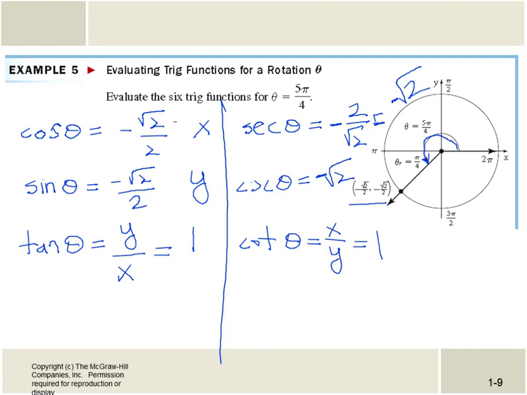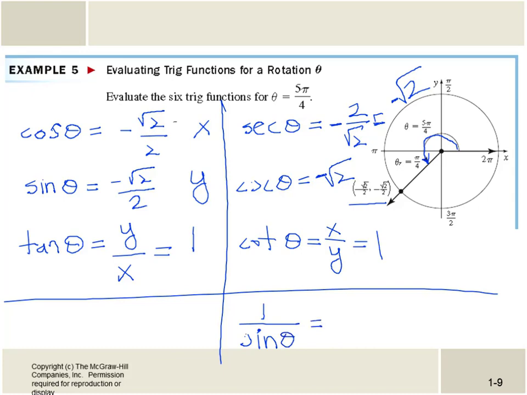You lost me with cosecant. The cosecant, okay, so the cosecant is equal to 1 over the sine, right? Right. Okay, so that's 1 over minus the square root of 2 over 2, which really just is the reciprocal, so this is minus 2 over the square root of 2.